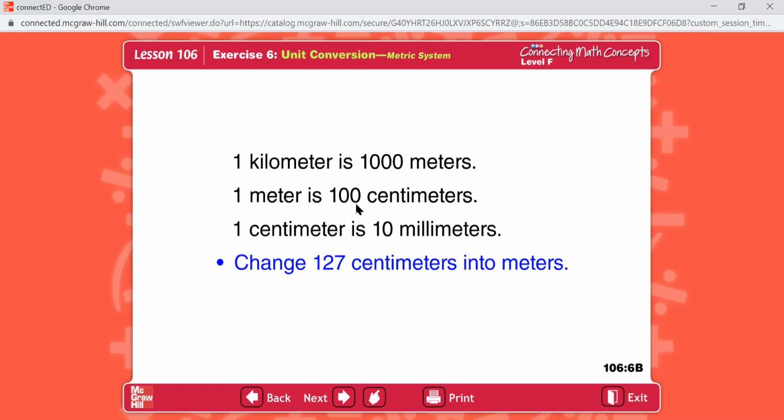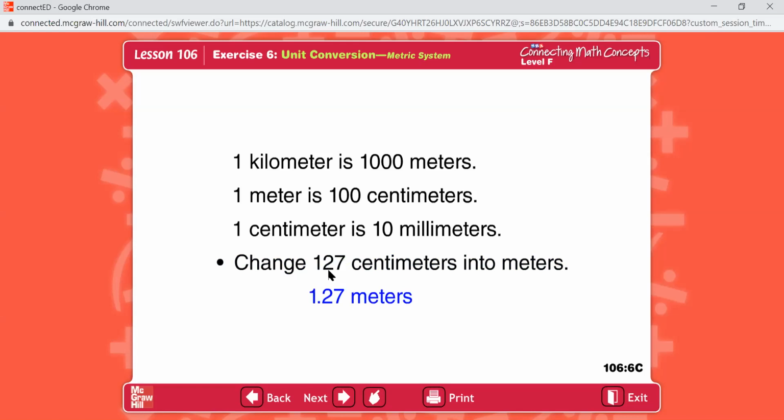So you will move the decimal point 2 places because there's 2 zeros in 100. The decimal place is here right now, so you're going to go 2 places to the left, giving you the answer 1 and 27 hundredths meters.